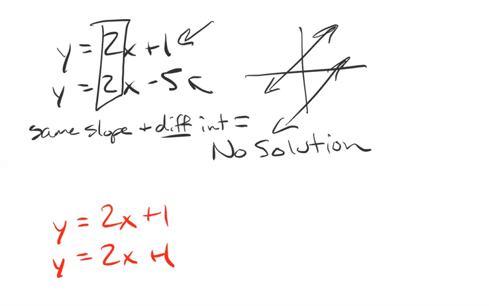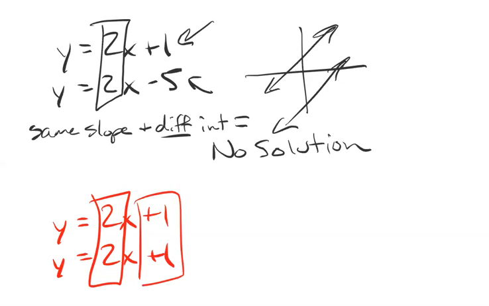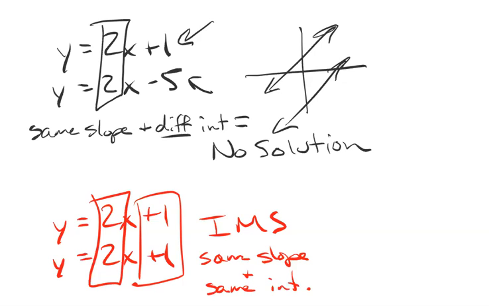If it ends up being the exact same, so same slope and same intercept, this is infinitely many solutions. And that gives us infinitely many solutions. So for that IMS, that's if they are the same exact equation.